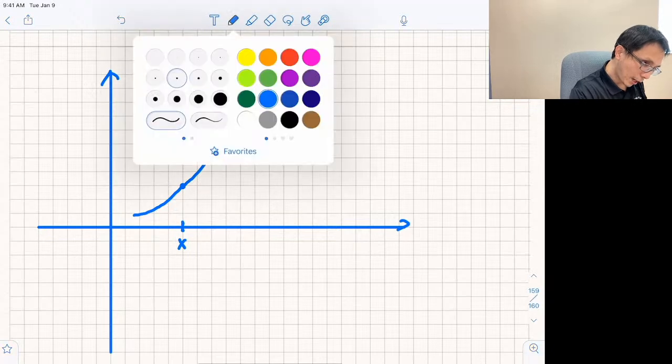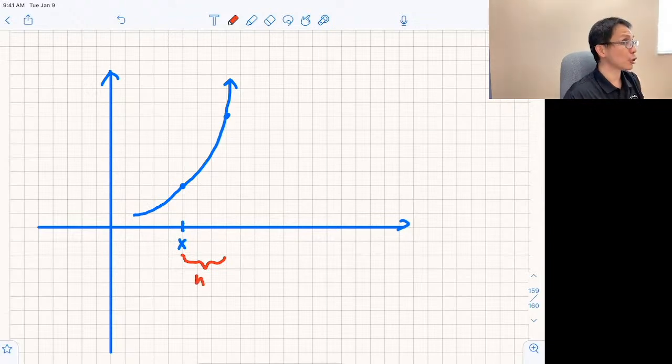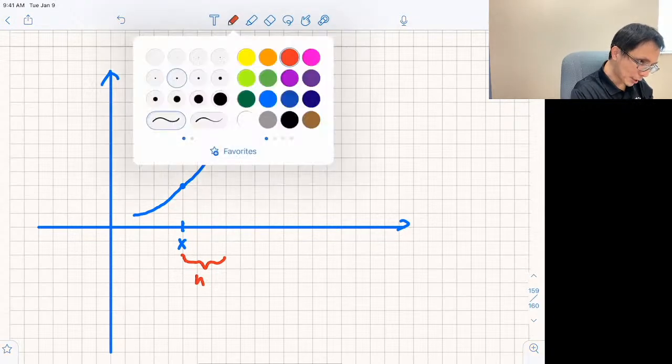And we're going to have an h to the next point, which is going to be from here to here. My bad. The h is going to be from here to here, and we're going to call this distance h. Okay, so let's name a coordinate. We're going to call this function f of x.